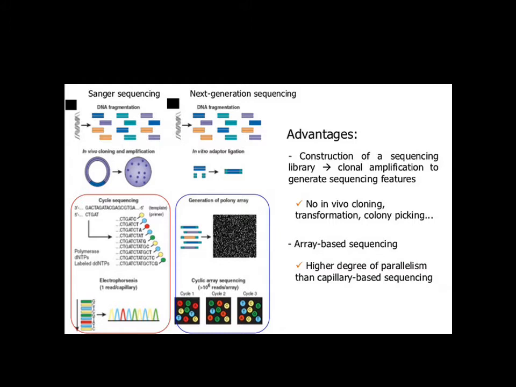There are a number of advantages of sequencing. You have construction of a sequencing library and clonal amplification to generate sequencing features. There is no in vivo cloning, so no transformation and colony picking, which reduces the time that we spend in the lab checking our colonies.